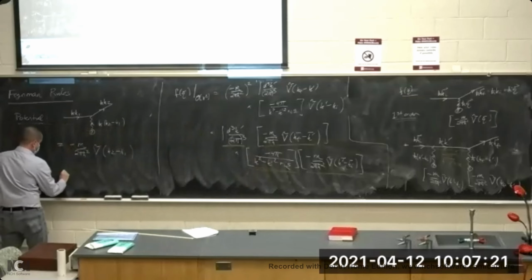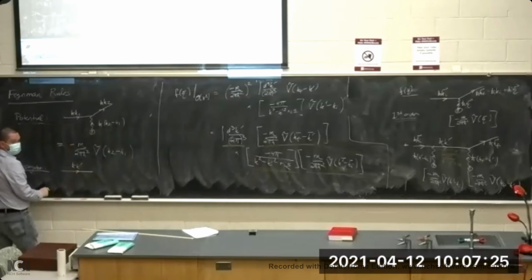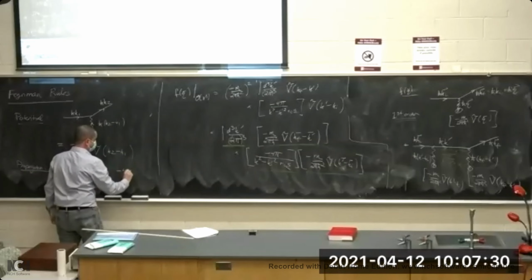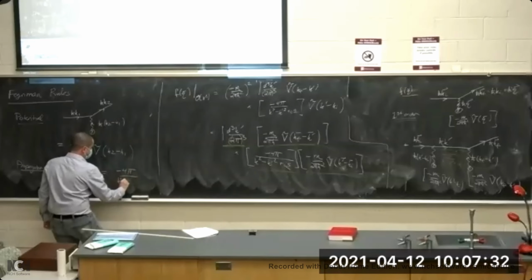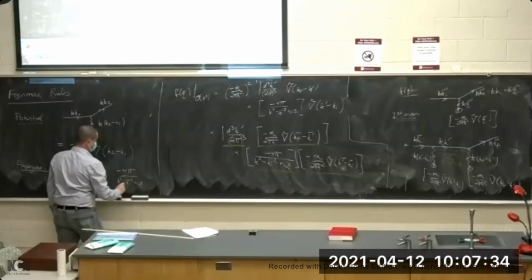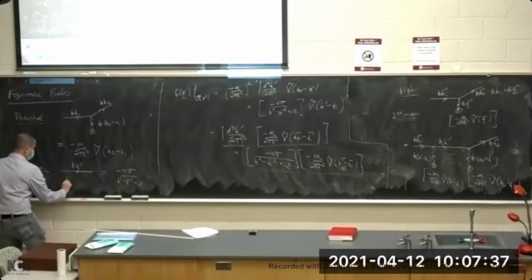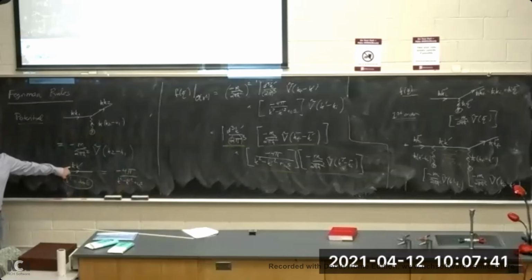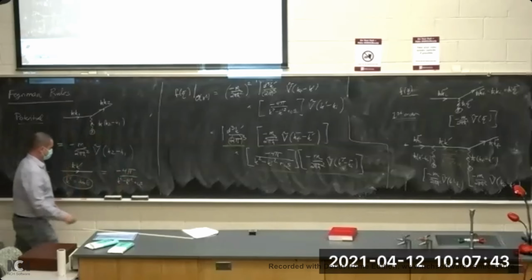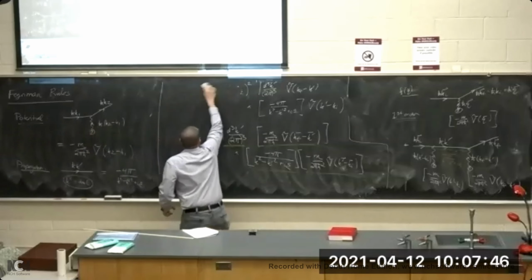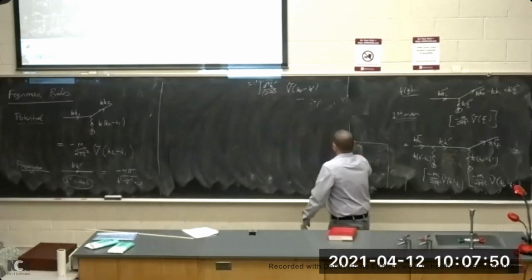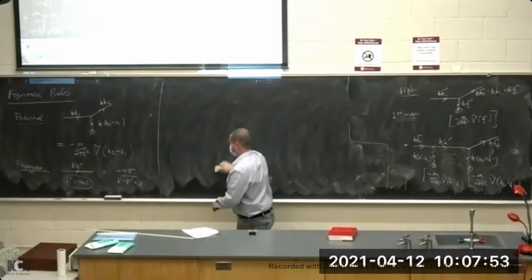So anytime I've got a propagation with momentum h bar k prime from one point to another point, this part of the diagram is equal to negative 4 pi over k squared minus k prime squared plus i epsilon, where k squared is the real true energy, k squared is 2mE. k prime is whatever's happening in between. And the last piece is, after you construct these products, integrate over all undetermined momentum.